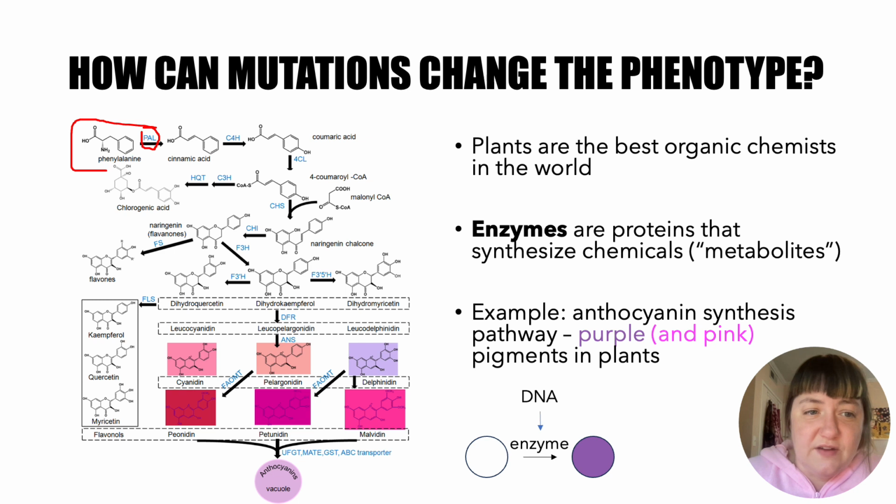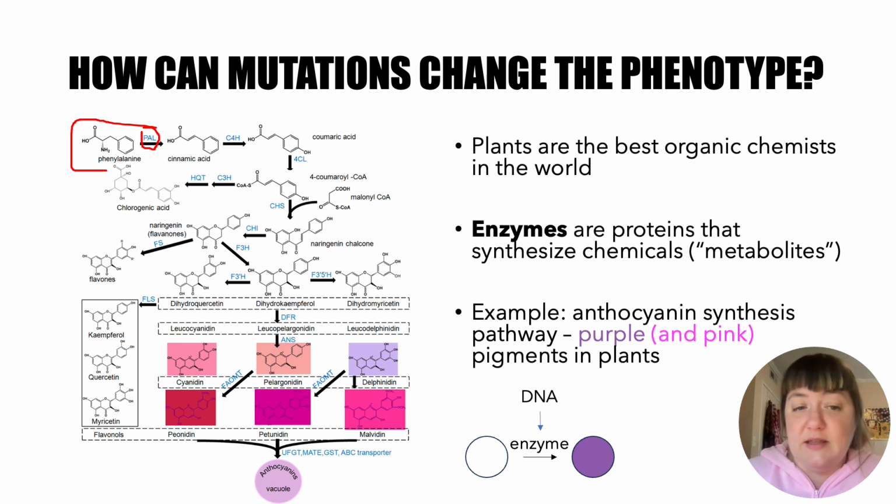So this gene converts phenylalanine to cinnamic acid, and then that keeps getting converted through 1, 2, 3, 4, 5, 6, 7, 8 steps, and you get some anthocyanins, some pigmented molecules. Each transformation of the chemical is done by an enzyme, which is encoded by a gene.